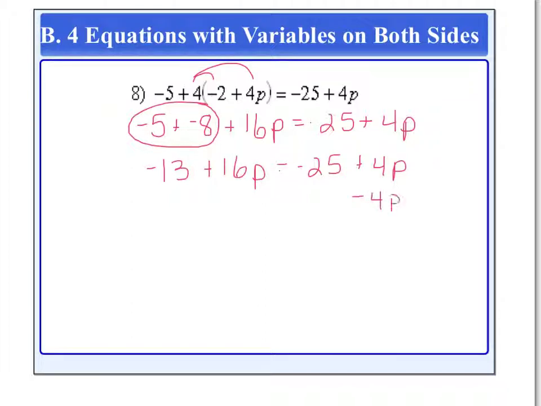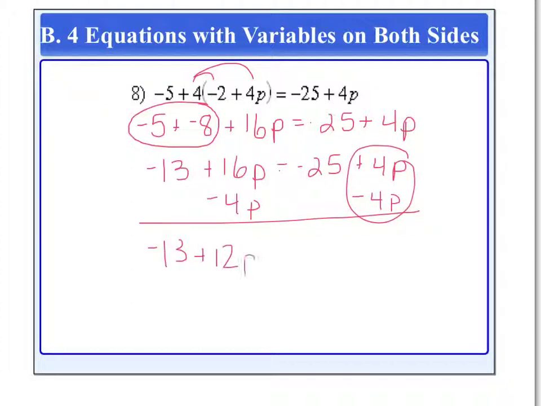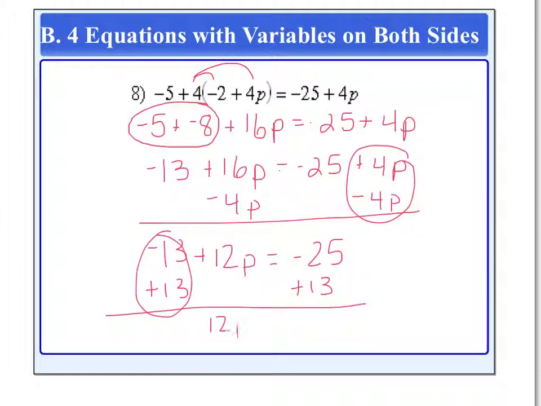I'm going to subtract 4p from each side, which leaves me with negative 13 plus 12p equaling negative 25. I'm going to add 13 to each side. 12p equals negative 12. Divide by 12. And p equals negative 1. There we go.